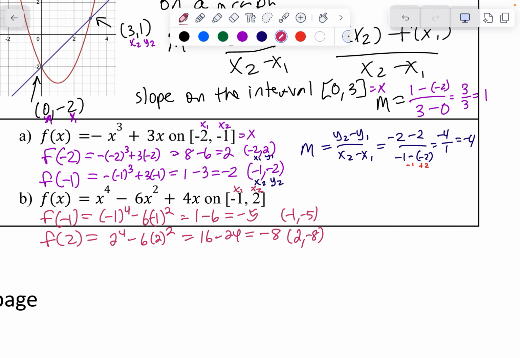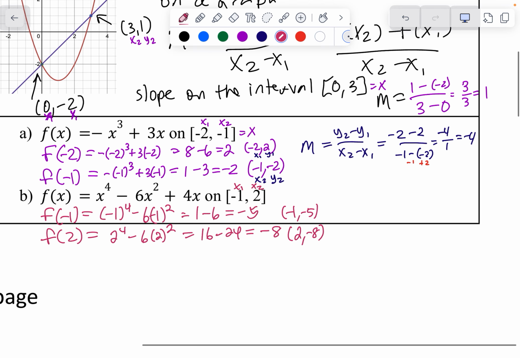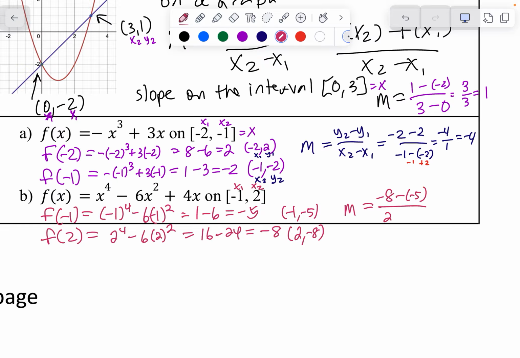Okay, so we get the slope is negative 8 minus negative 5 over 2 minus negative 1. Okay, you can see this is our second pair, 2, negative 8. This is our first pair, -1, -5.